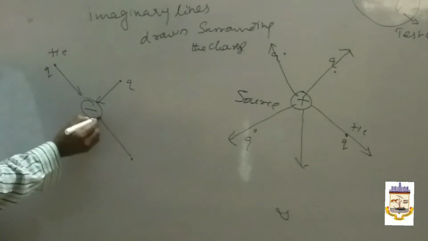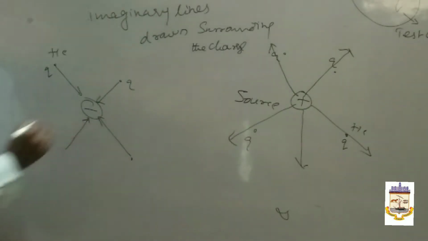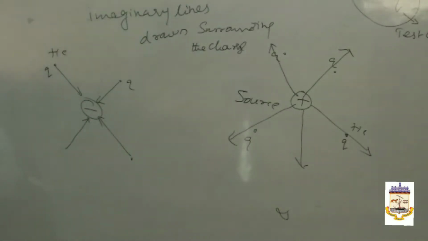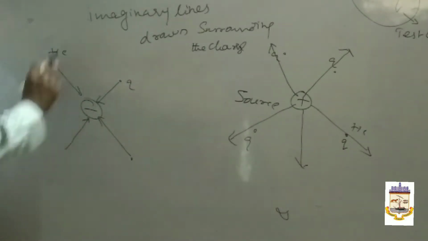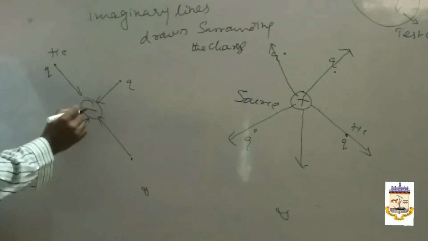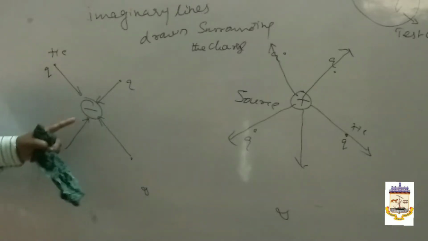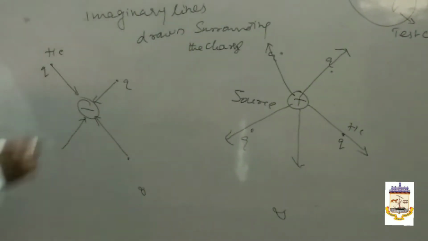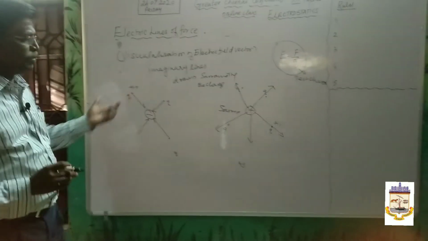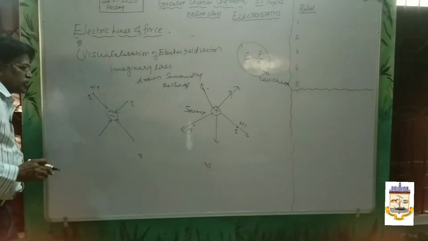Here the lines will be like this. So the lines are moving towards the charge. For an isolated negative charge, we can give the conclusion that the lines start from infinity and end or terminate at the negative charge. Now we have seen the two separate or isolated charges.